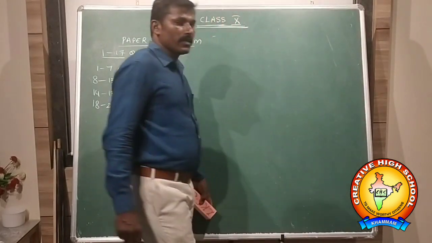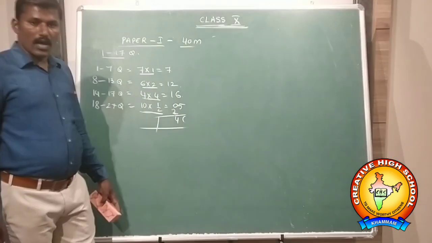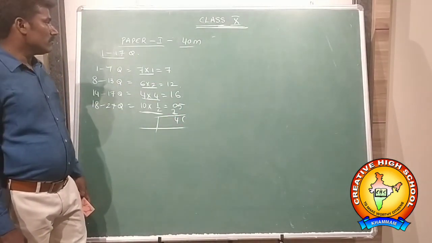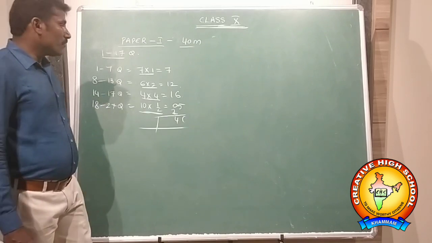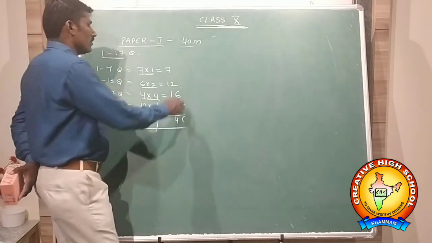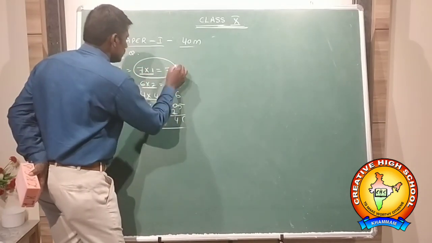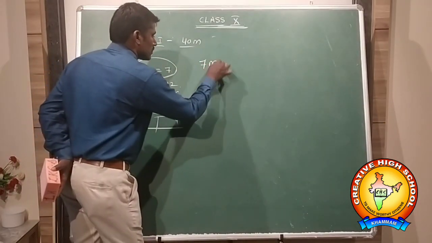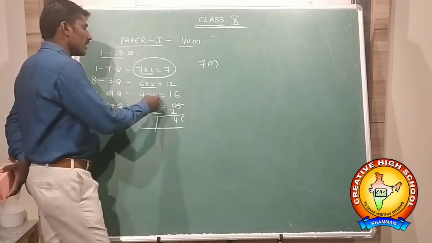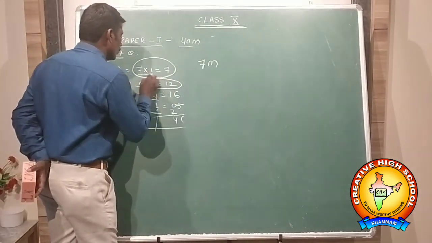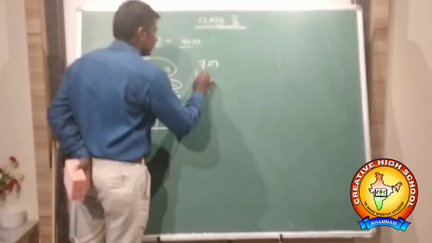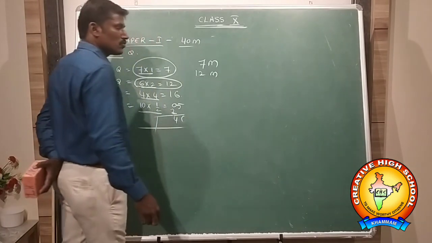As a 10th standard student, as an average or below average student, don't feel bad. If you concentrate on 1 mark questions, you will get 7 marks. If you read the textbook totally, you will get 12 marks in paper 1 or paper 2.